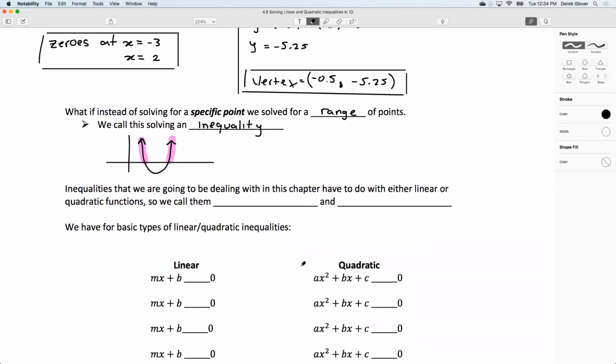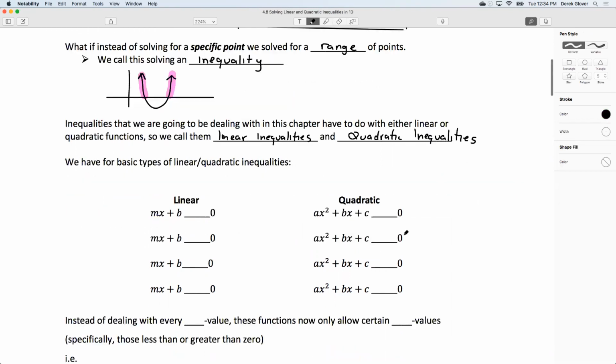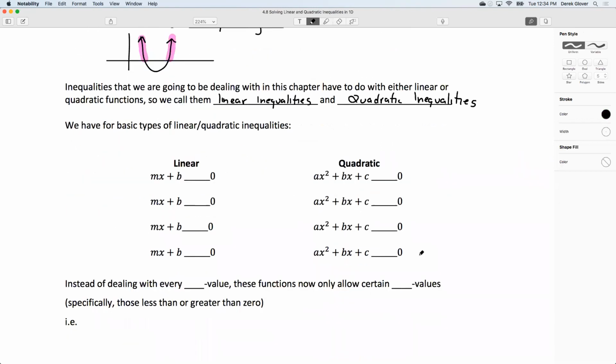So inequalities that we're going to be dealing with in this chapter have to do with either linear or quadratic functions. So we're going to call them linear inequalities, or we're going to call them quadratic inequalities. And we have four basic types of inequality. We could either have greater than, so something like this.